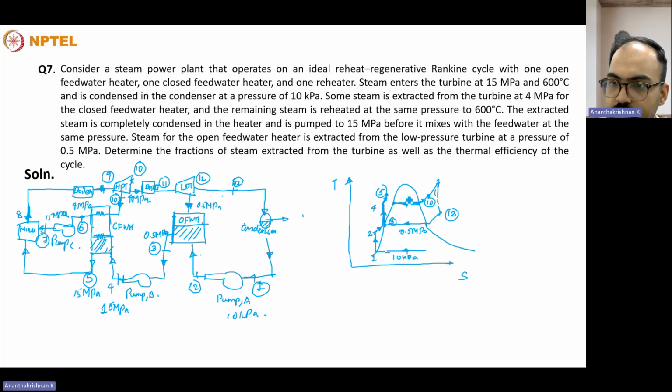So 5 and 6, but 6 will be at lower pressure at 4 megapascal. So it needs to be pumped to the same pressure, the same 15 megapascal.